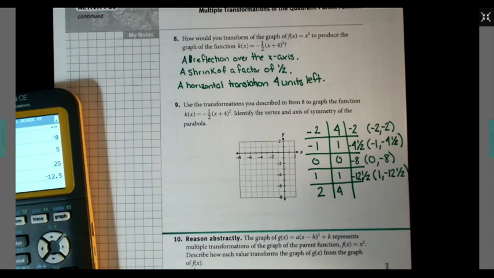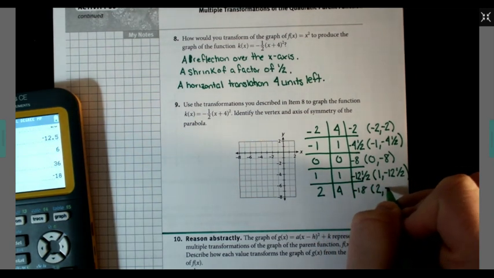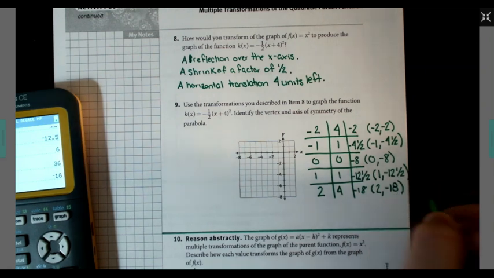We've got 2 plus 4 squared times -1/2 is -18. So it's going to be 2 comma -18.